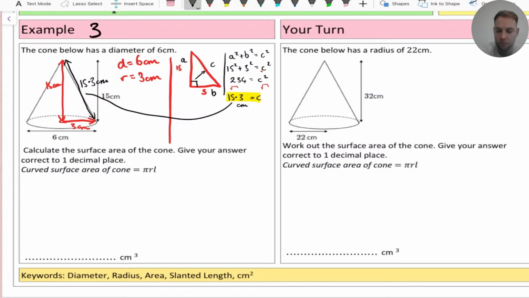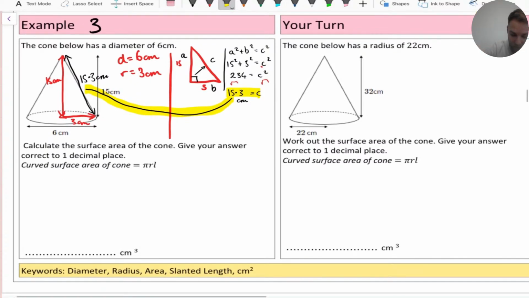Okay, we know that diagonal length there on that left-hand side is equal to 15.3. So this one here, we now know. And once we know that, now we can work out this surface area.